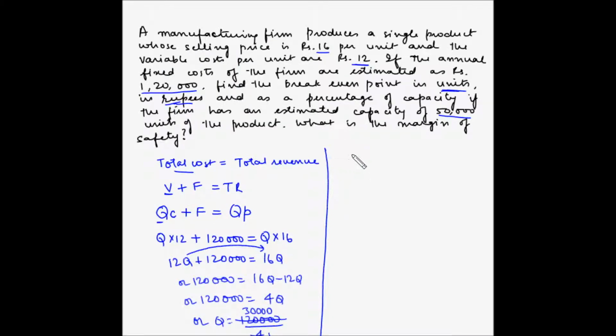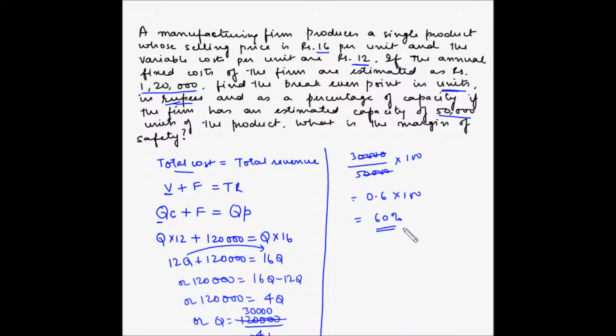So 30,000 divided by 50,000 multiplied by 100. 3 by 5 is 0.6, multiplied by 100, so this is 60%.